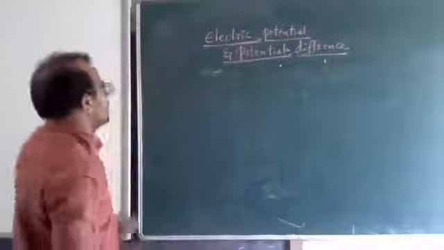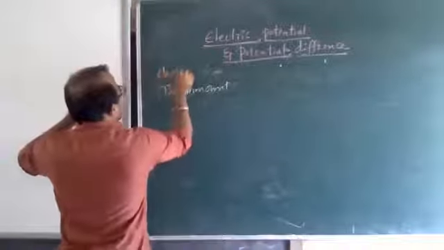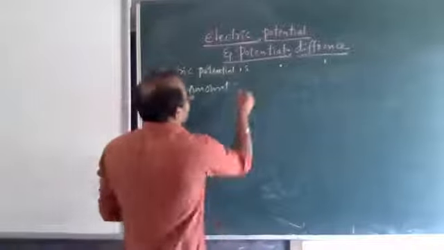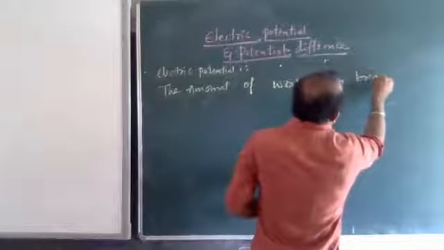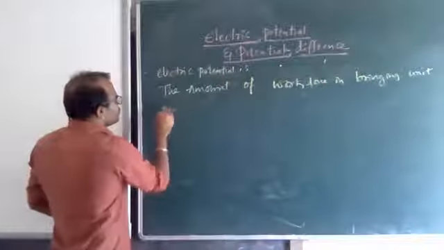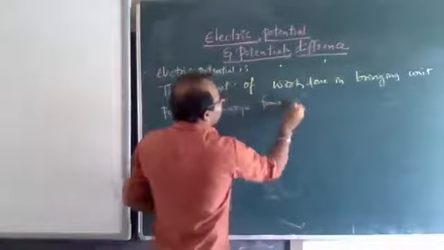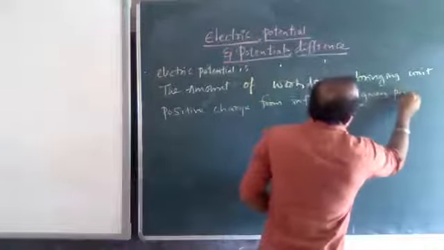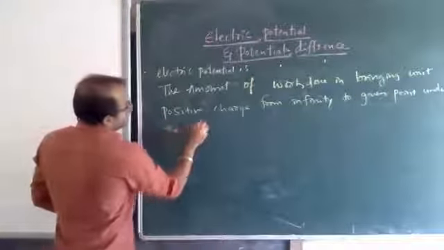Okay. Definition of electric potential: the amount of work done in bringing unit positive charge from infinity to that given point in an electrical field, under the influence of electric field.